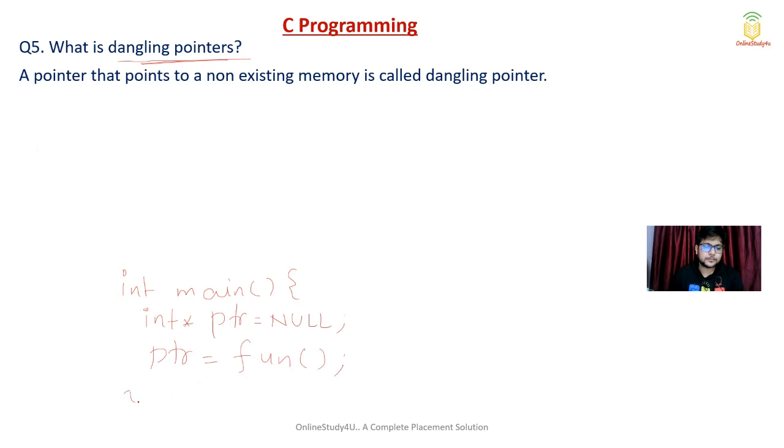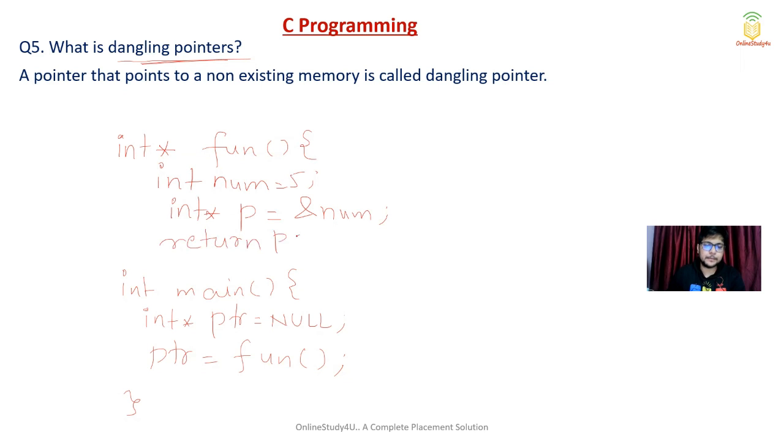Now we have a function here which returns an integer pointer. Here we have a number, int num = 5. And now int *p = &num. And now we want to return this p.